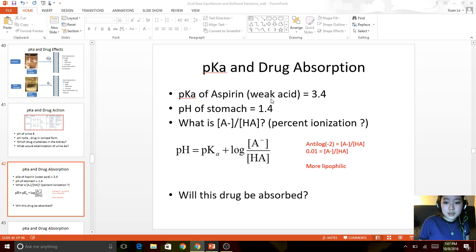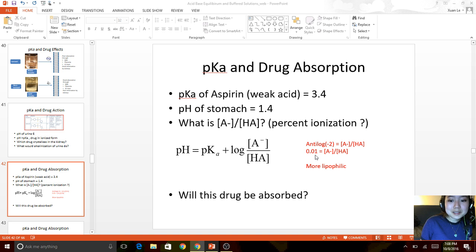So right here, they're asking us to find the percent ionization of aspirin. So I already worked it out right over here. If you just subtract the pH by the pKa, you're going to get -2, and taking the anti-log of -2 is going to get you the ratio of the ionized over the unionized, and so it's going to be 0.01.